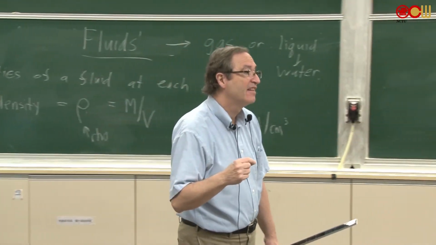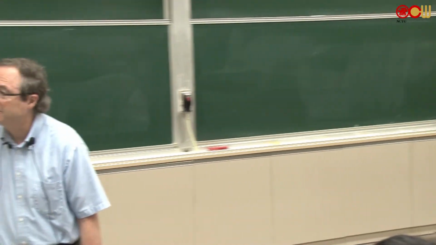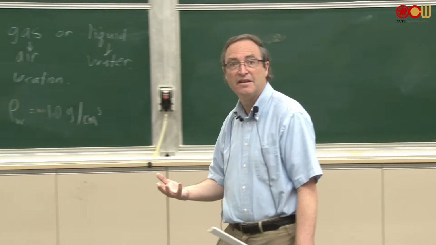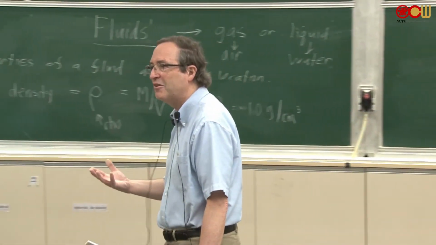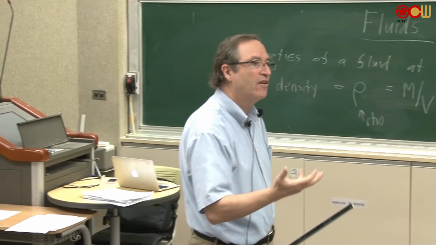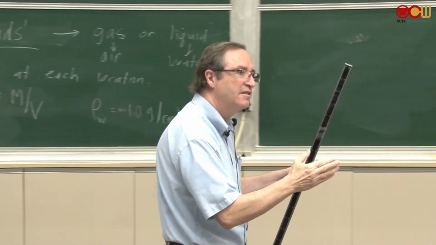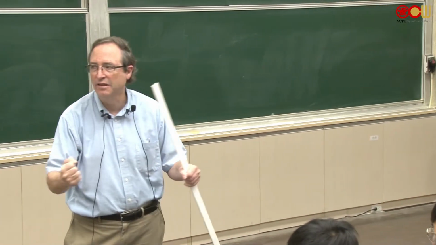Because of the compressibility, it's hard to compress it. Is the bulk modulus big or small? I can never remember which way it goes. But the compressibility of air is large. It compresses easily. For a liquid, it does not. It's very hard to compress a liquid.